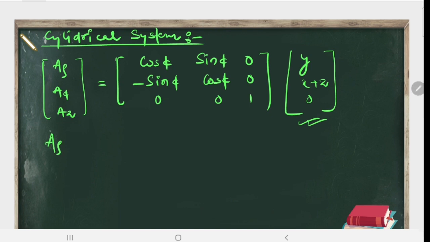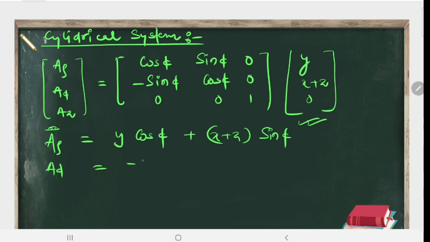From this, if you write the A rho component of this vector, it is simply y cos phi plus (x + z) sin phi. Simply multiply this, and the A phi component is -y sin phi plus (x + z) cos phi, and the Az component is 0.